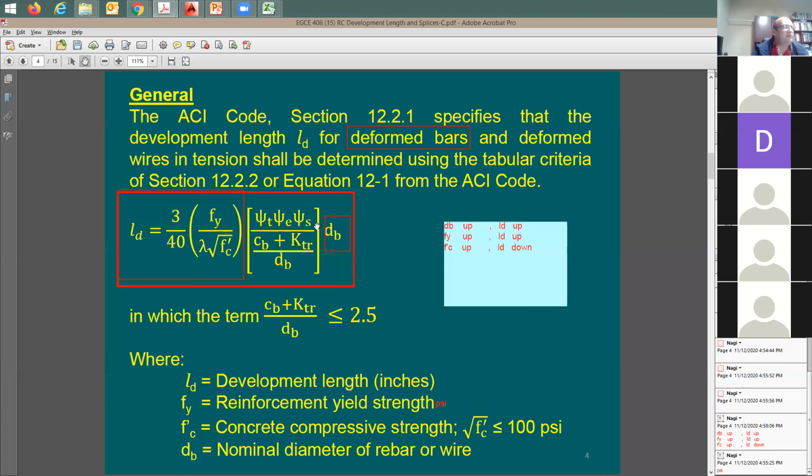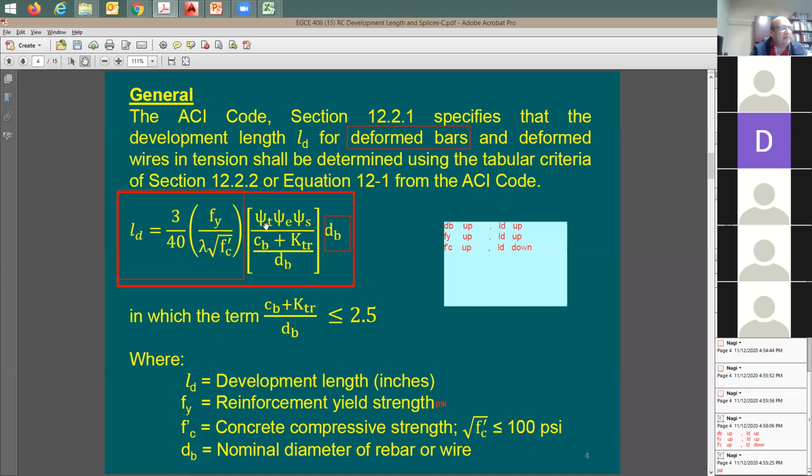Just say I have some factors in this called psi: psi T, psi E, psi S. I don't know why they use this term or this symbol. Someone else could be calling it maybe KT, KE, KS, or maybe K1, K2, and K3. So don't be scared when you're looking at the symbols here and say, what is that? But we have some factors.